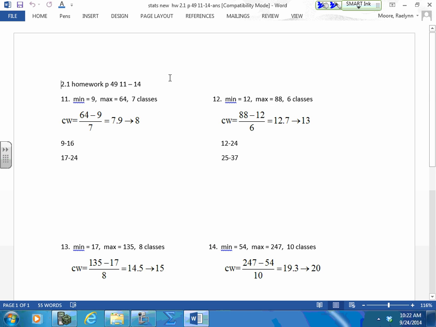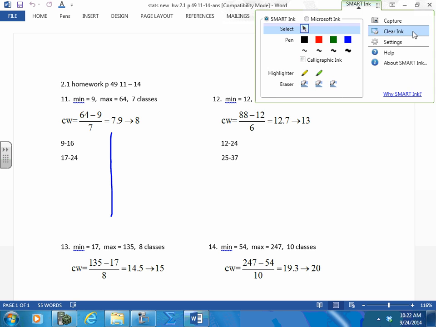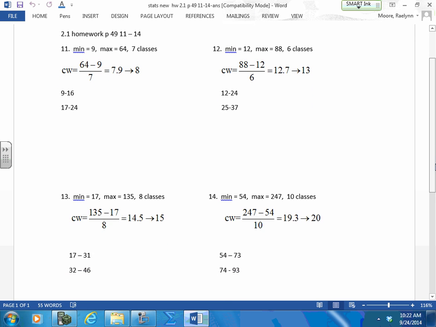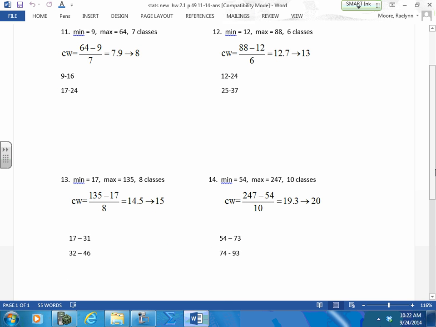I want you to make the class boundaries for the first 2 entries in your tables. Make me class boundaries. Class boundaries, you only need to do the first 2 entries. Write them in your homework.